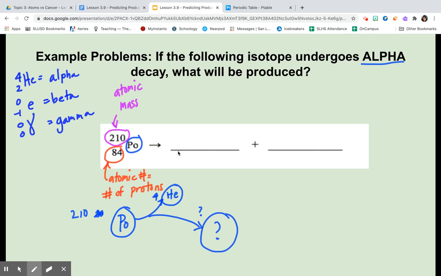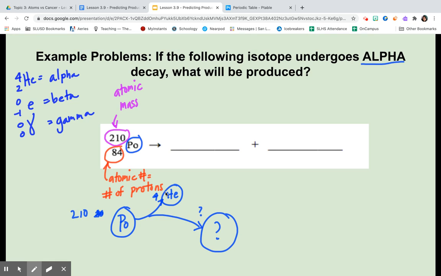You might find that this is very similar to fusion. So if you think you can figure this out on your own, feel free to skip forward. But otherwise, I'm going to go through this example in slow detail. So again, going to the problem, I know it undergoes alpha decay.